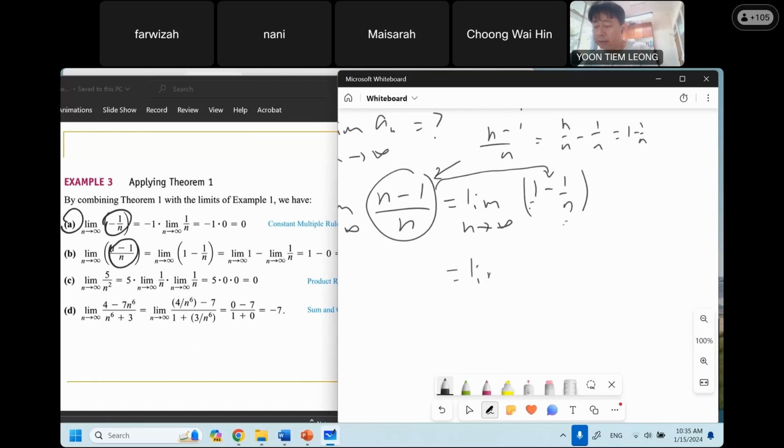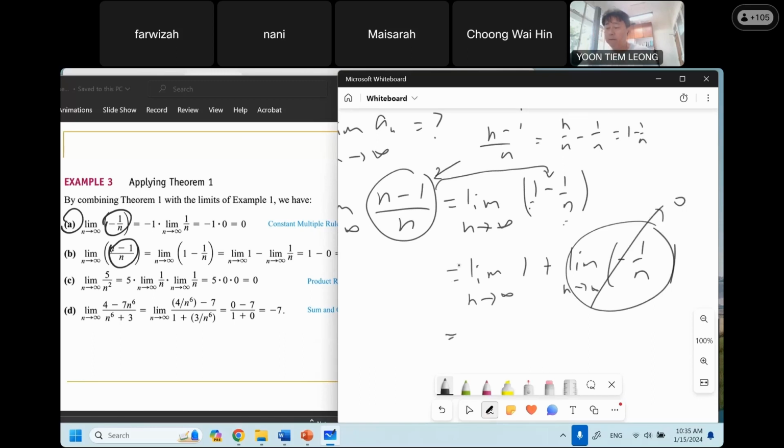Therefore, this is written as the limit of n to infinity of 1, plus the limit as n goes to infinity of minus 1 over n. And in example A, we have already seen that this goes to 0. And here, the limit of 1 when n goes to infinity is still 1.